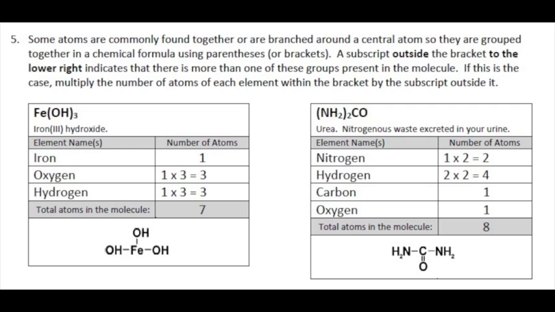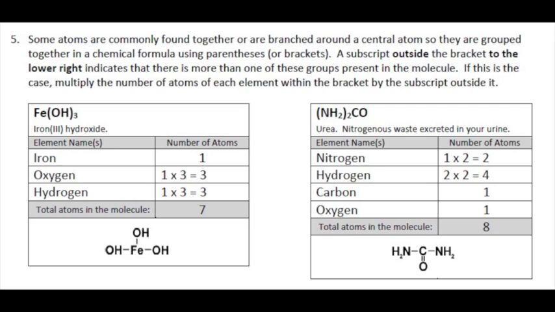All right, so some atoms are commonly found together within a compound, things like OH, which is our hydroxide group, or there are other common groups that are found in atoms. Because of this, a lot of compounds have parentheses that indicate that particular group is inside of a compound.